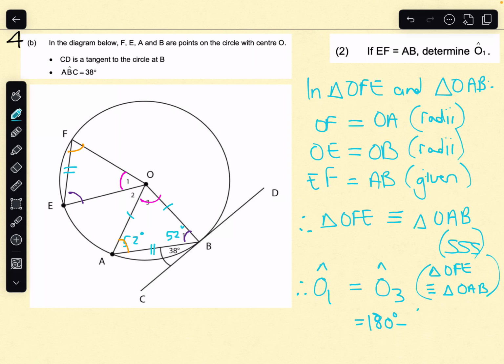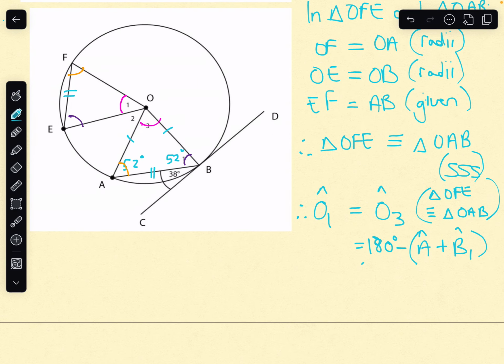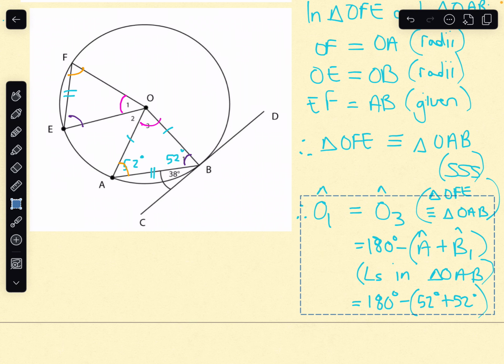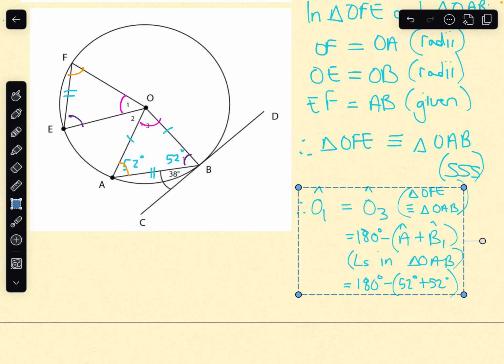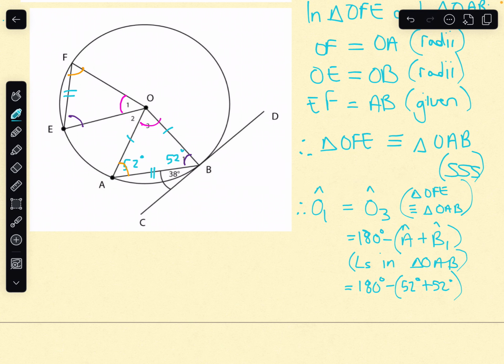And O3 is equal to 180 minus angle A plus B1. The reason for that being angles in triangle OAB, the sum of those angles, and that is 180 minus 52 plus 52, and that works out to 180 minus 104, which is 76 degrees.